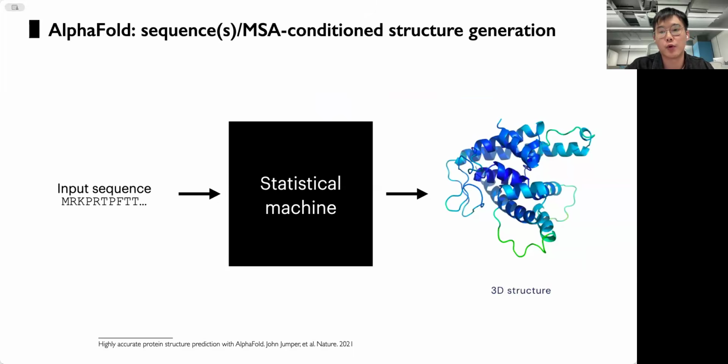We can regard AlphaFold as a sequence-conditioned or MSA-conditioned structure generation model. It takes as input the protein amino acid sequence, then a black box model, kind of like a transformer, Pairformer, or Evoformer, something like that, generates protein structures.